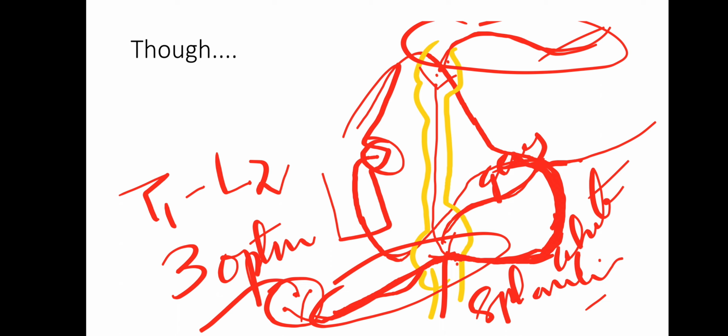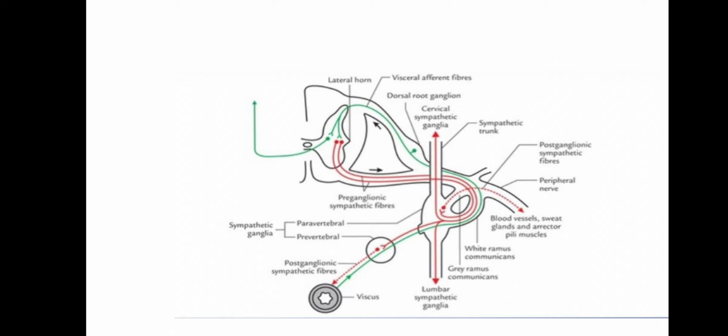Now we can see a nice picture. As I said before, here you can see the intermediate horn, and the preganglionic nerve fibers are traveling via the anterior primary rami, entering the spinal nerve, and here we have the white rami communicants entering the ganglion.